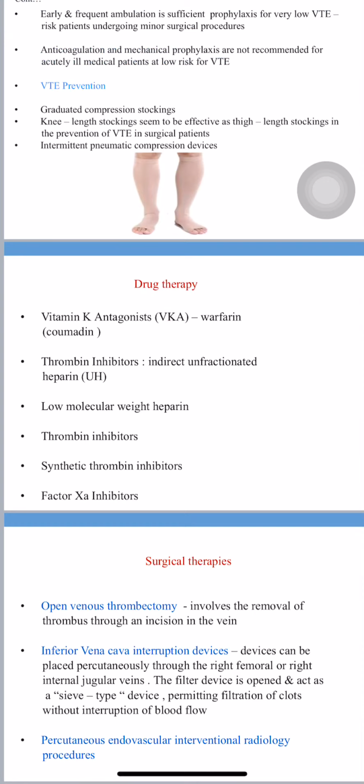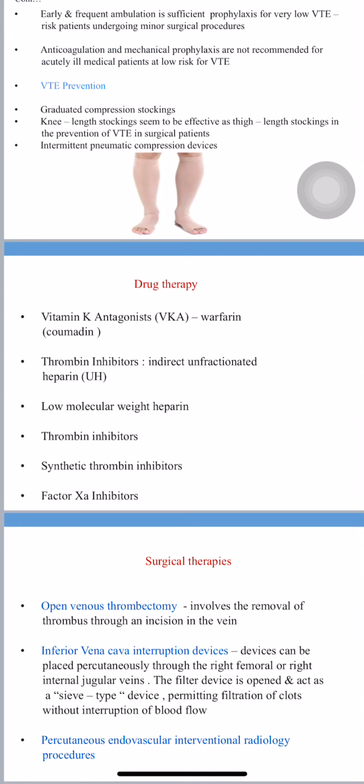Warfarin inhibits the activation of vitamin K dependent coagulation factors 2, 7, 9 and 10, as well as the anticoagulant proteins C and S. Warfarin usually begins to take effect within 48 to 72 hours, and it takes several more days to achieve the maximum effect.